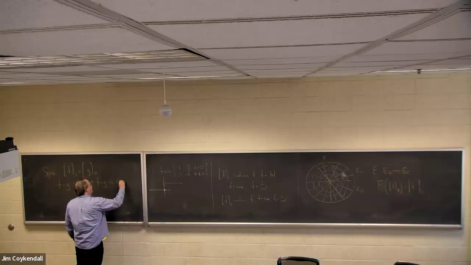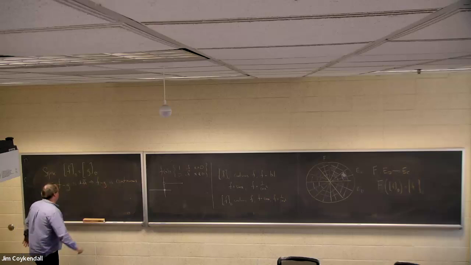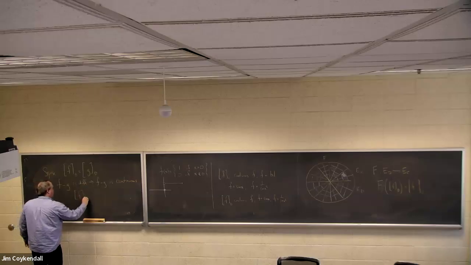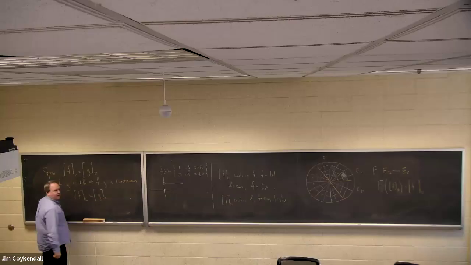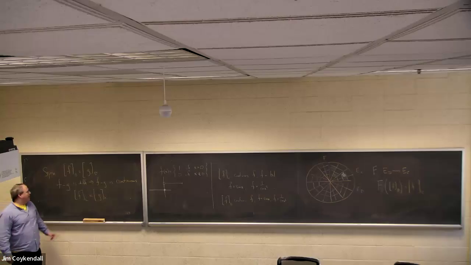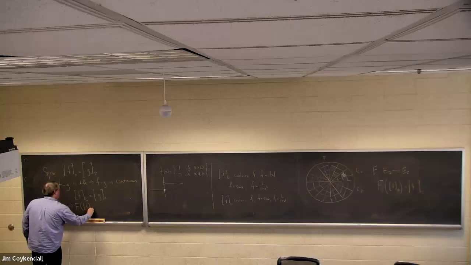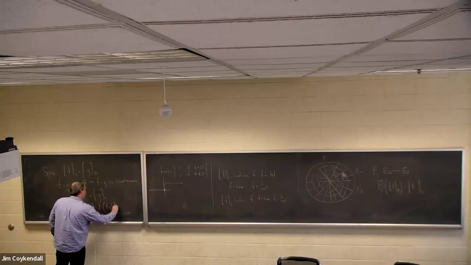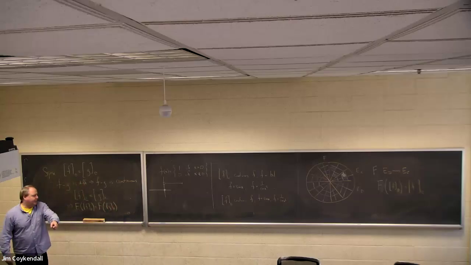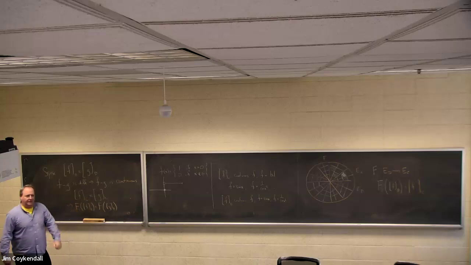Continuous, good. Differentiable implies continuous. That means that the equivalence class of F under C is the same thing as that of G. Great, which means capital F of the class of F is capital F of the class of G. So in other words, when she put in her representative and I put mine, we have the same outcome. So this is a function.